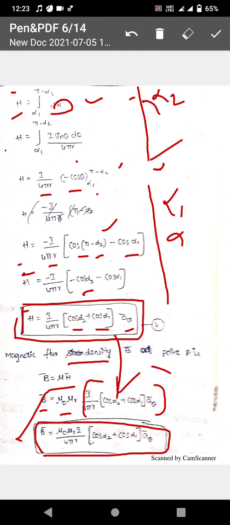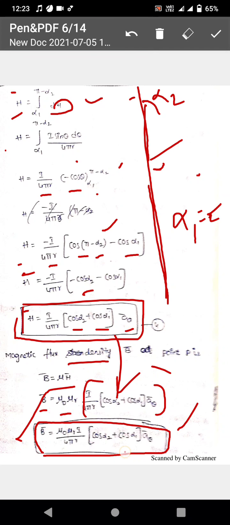For the conductor of length L, this is the formula we derived. If the conductor is infinite, and point P and conductor are in parallel, then putting alpha 1 equal to alpha 2 equal to 0 in this equation, we get the result for infinite length. The second derivation is very simple and we have to derive this.